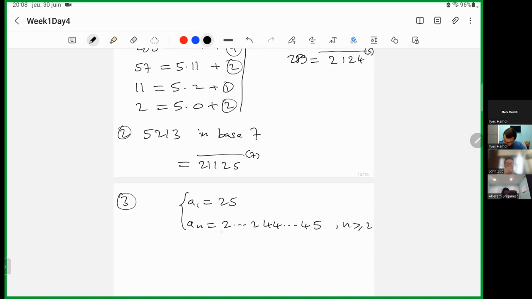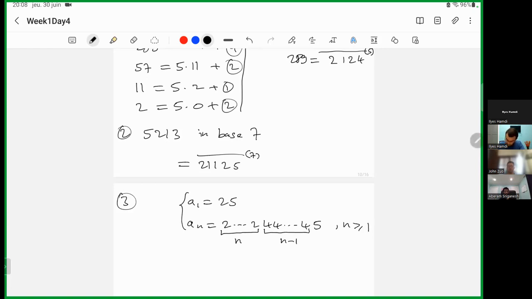The number of 2s and the number of 4s I know: we have n 2s and n minus 1 4s. This is why in the first case I had only 1 2 and 1 5, because n was equal to 1. So 1 2, 0 4s, 1 5. So I could have written the expression directly for any n at least 1.